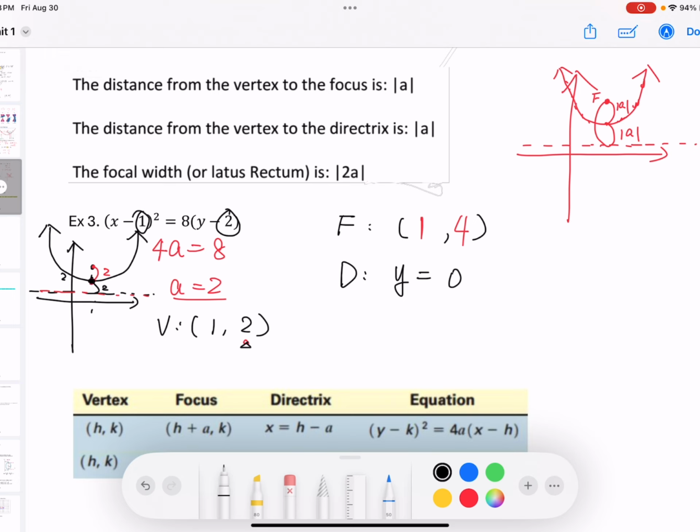Since I don't have a very accurate graph, my x-axis is also my directrix. Okay, I found my focus, I found my directrix, I have my vertex.